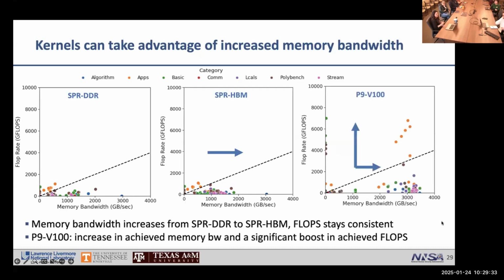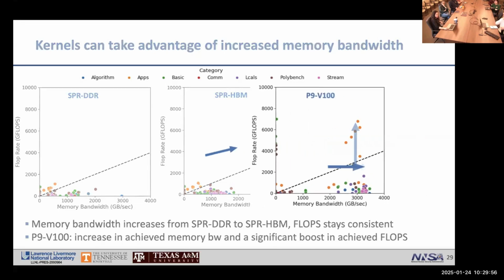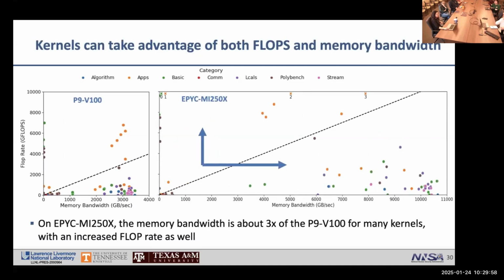Now, when we move to the V100, we see some movement even farther right and then farther up, taking advantage of increased memory bandwidth and also a significant boost in the achieved flops for each kernel. So that's movement up and to the right here. And then again here, this was actually a significantly higher speed up.